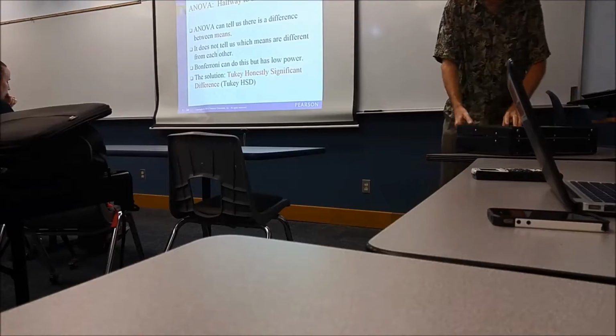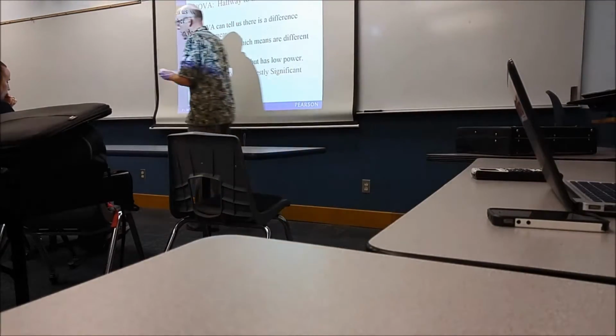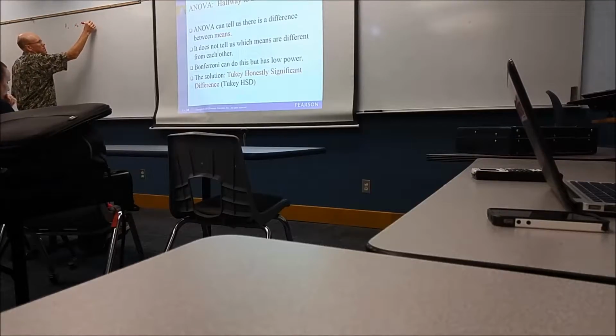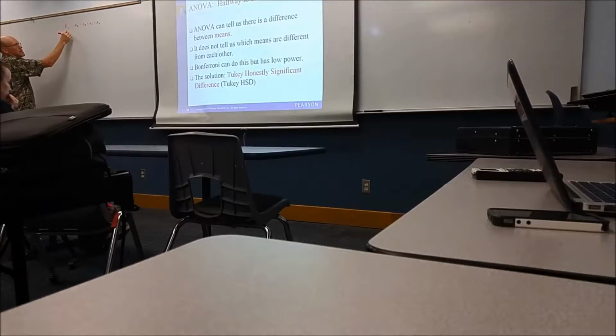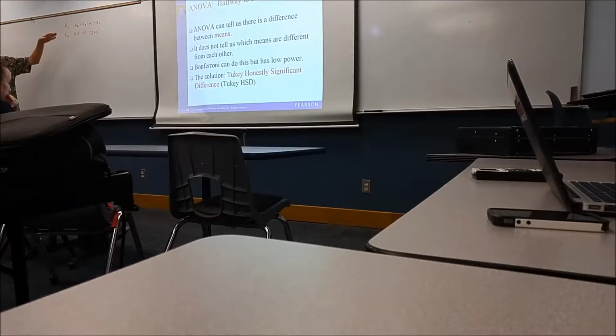Okay? So, just as a review, the null hypothesis is that all the means are equal. Okay? And the alternative is that they're not all equal. So this alternative is pretty big.